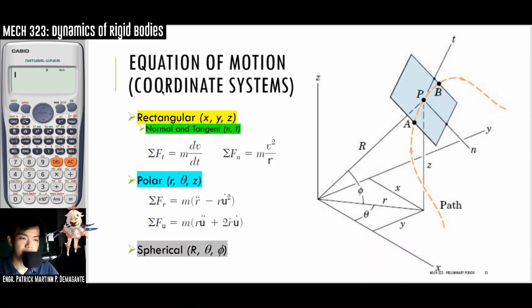Pero I tend to put an indentation kay normal and tangent natin kasi halos same lang sila kung tutuusin ni rectangular coordinate system. Rectangular coordinate system, na-discuss na natin yan noon, yan si summation of forces along x is equal to 0, summation of forces along y is equal to 0, summation of forces along z is equal to 0. Mga ganun. Or is equal to mass times acceleration.